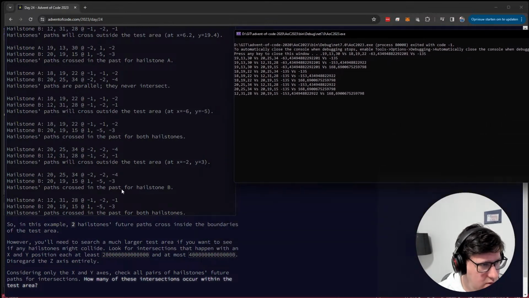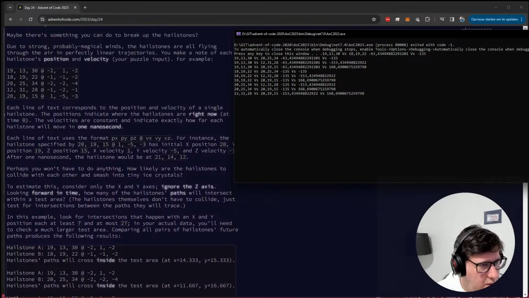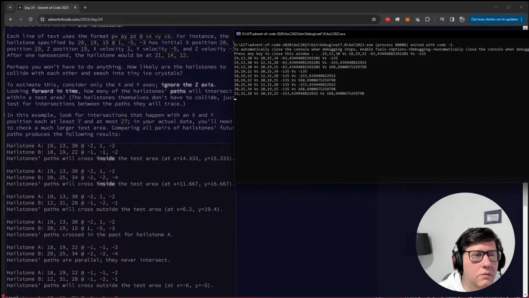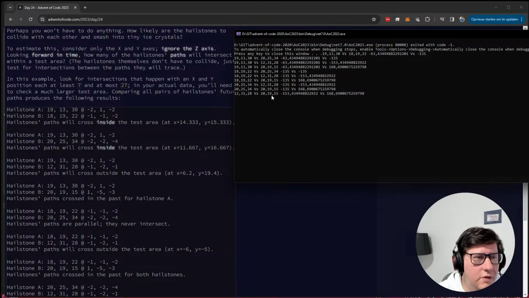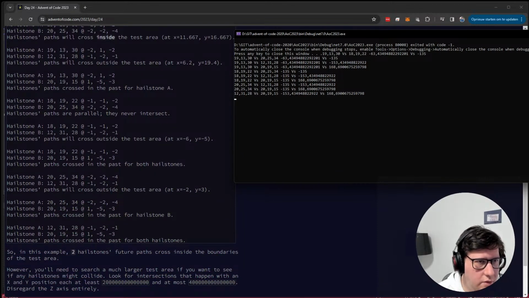Two hailstone future paths cross inside the boundaries of the test area. However, you'll need to search a mark line. Yeah, okay, I've done that. 1231 versus 2019. Crossed in the past.